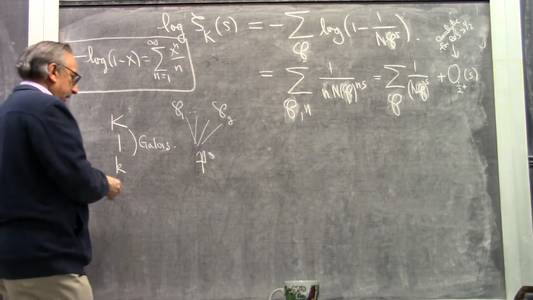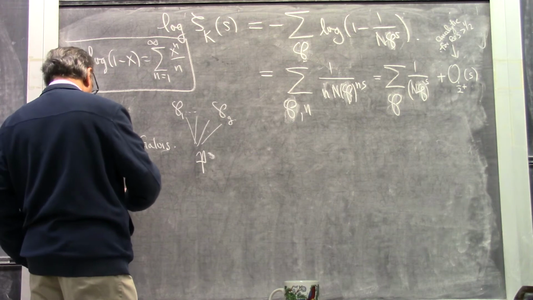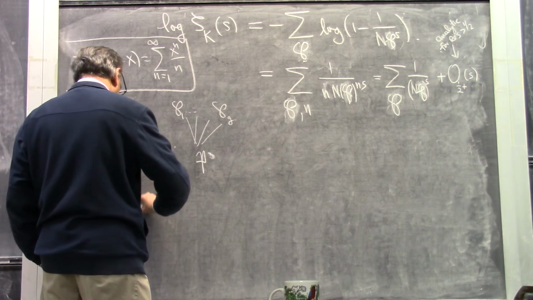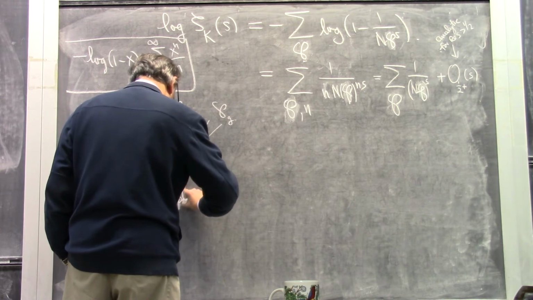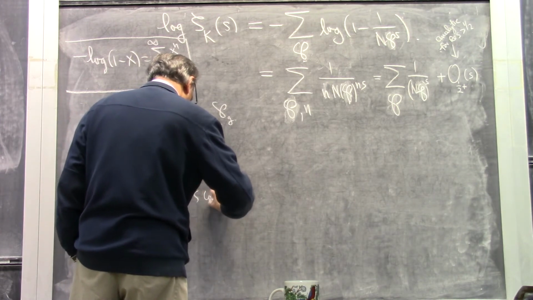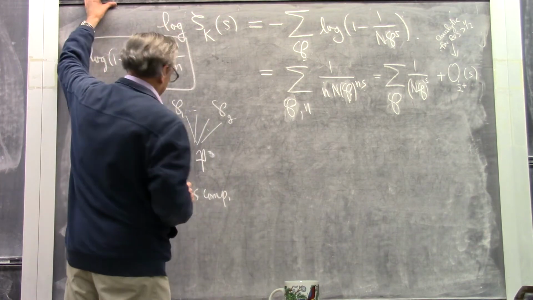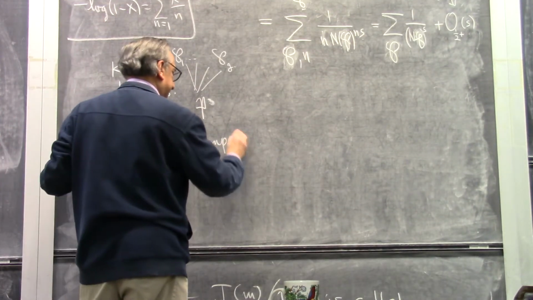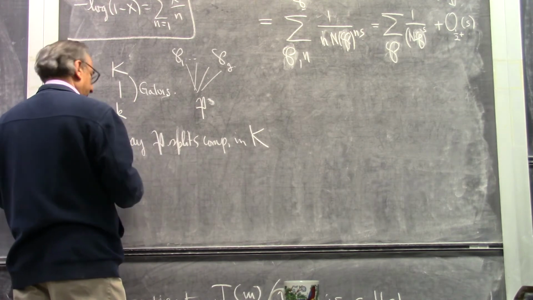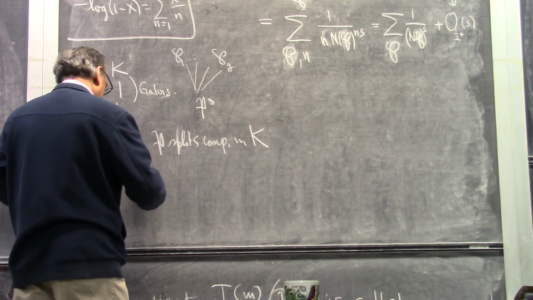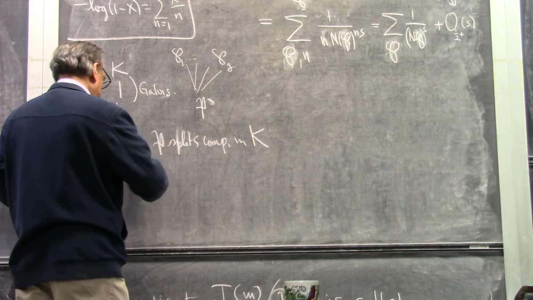And we say that P splits completely in K if, basically, if g equals the degree of this.